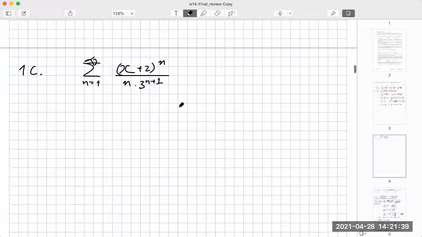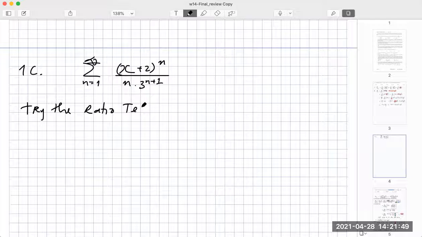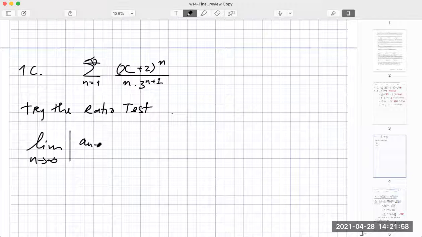Now, the same thing. If we use the ratio test, it would be the limit when n goes to infinity of a_(n+1) over a_n.